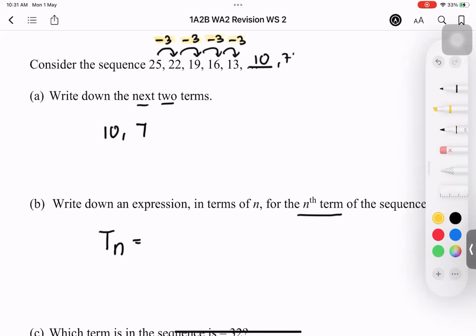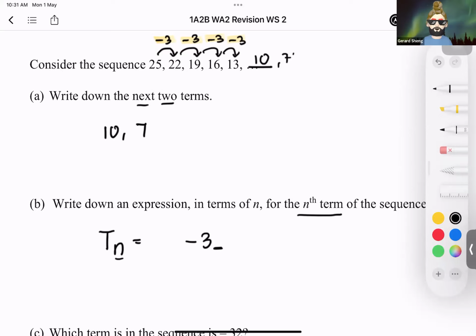So the formula will have -3 times what? -3 times n, very good. So this will be -3n.